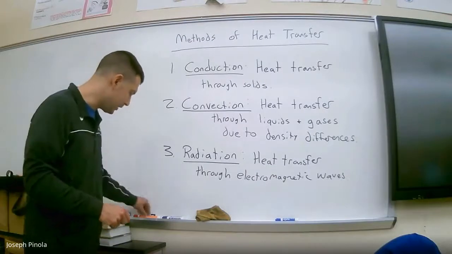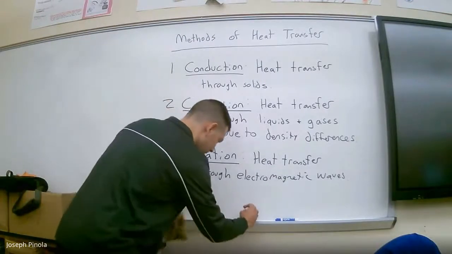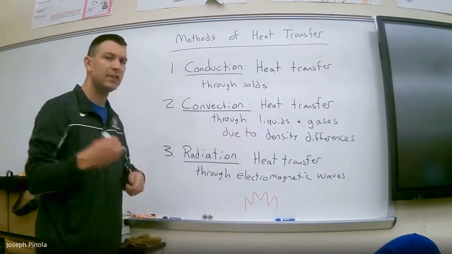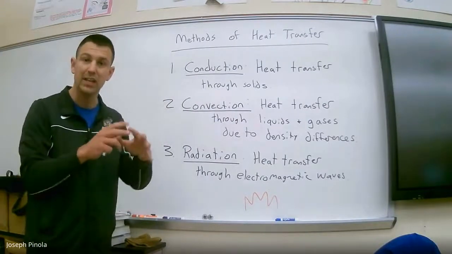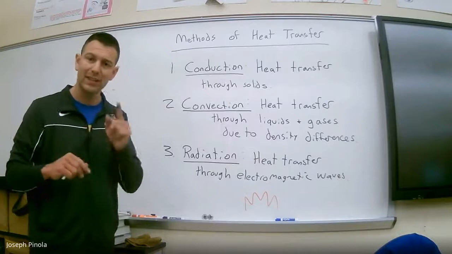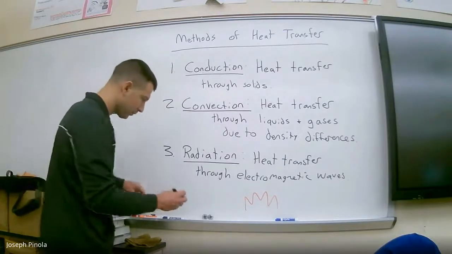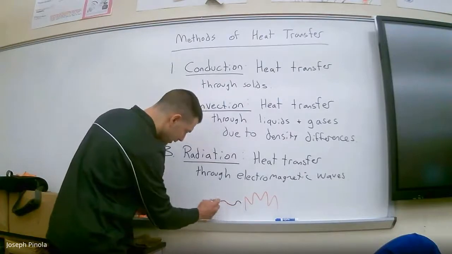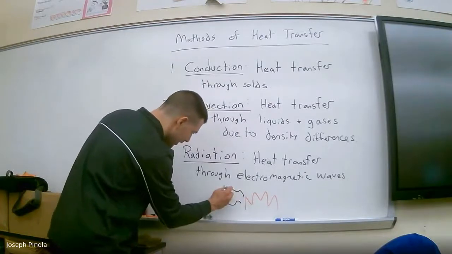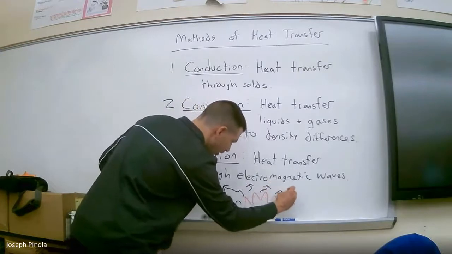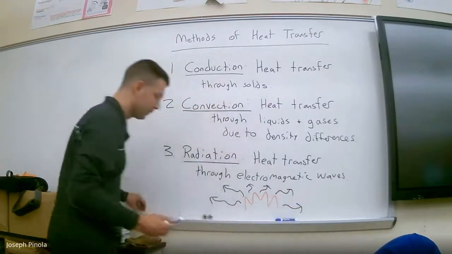What occurs is if you have a fire or a heat source, it gives off infrared radiation in all directions. That's why you feel warm next to a heater. And so as a result, there's going to be heat waves that radiate out in all different directions.